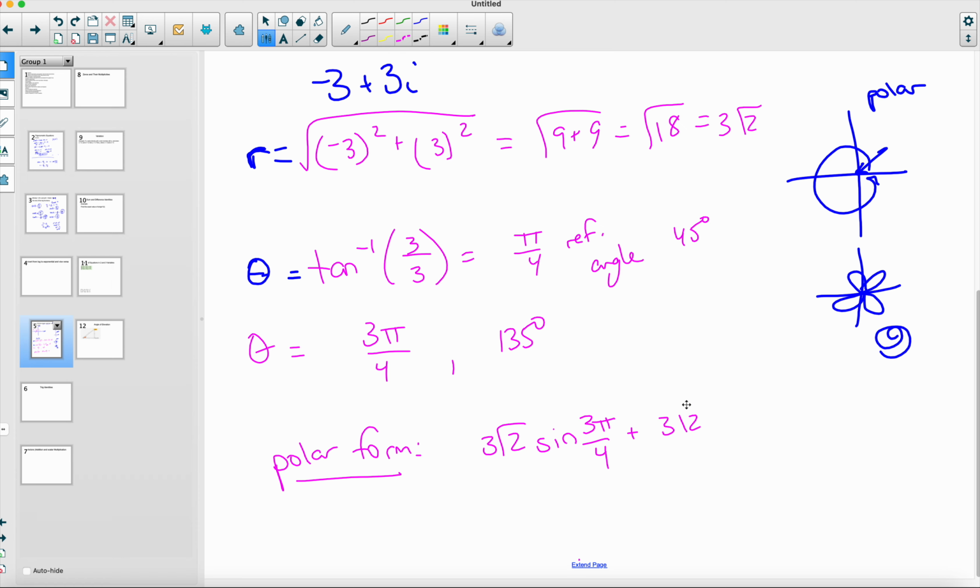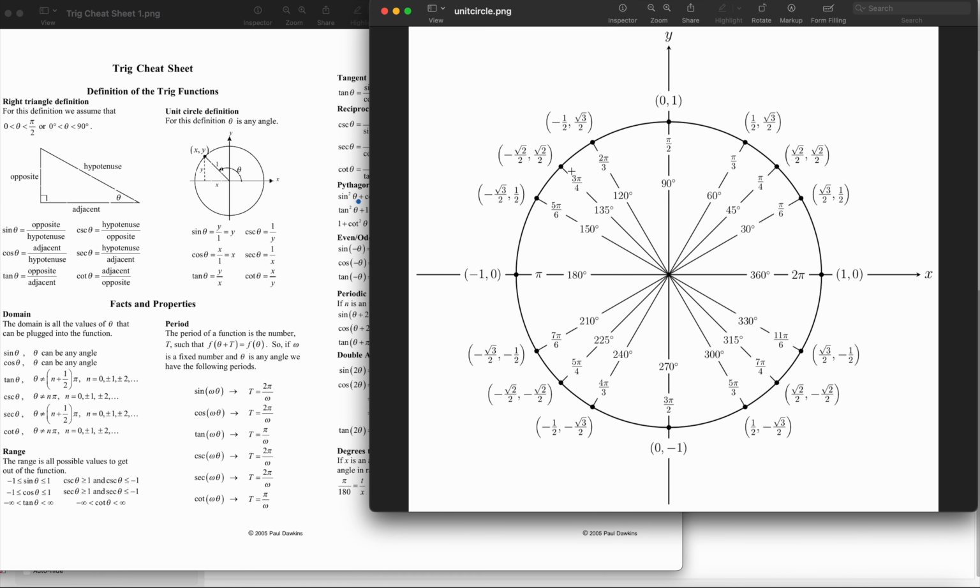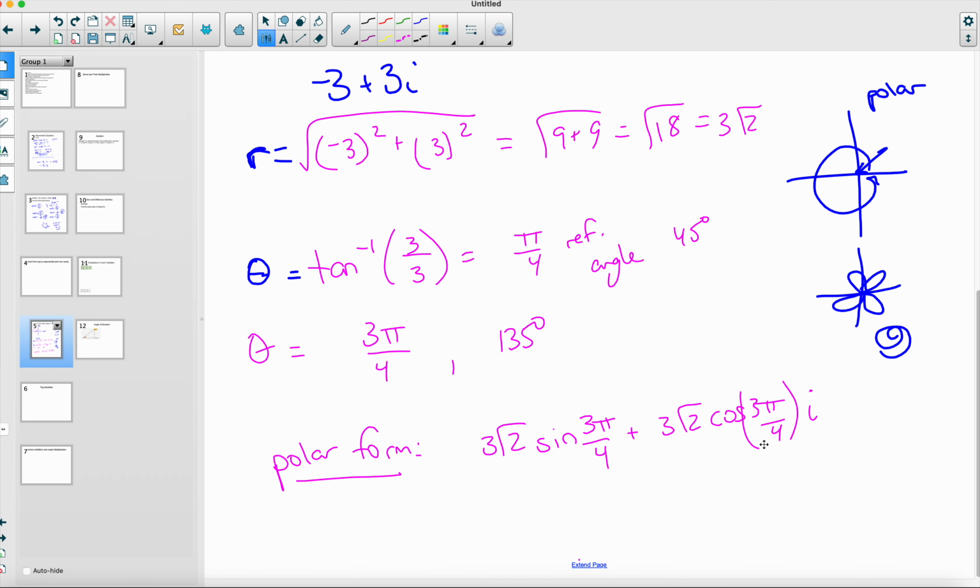plus 3 square root of 2 cosine, 3 pi over 4 i. If I were to multiply this out, cosine of 3 pi over 4 is negative square root of 2 over 2. Then watch what happens.